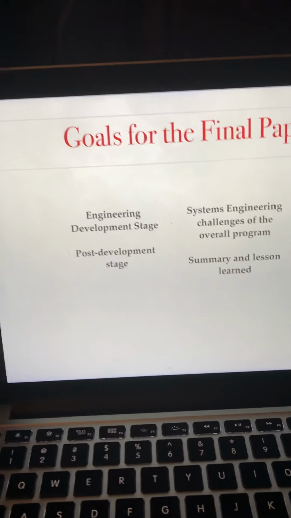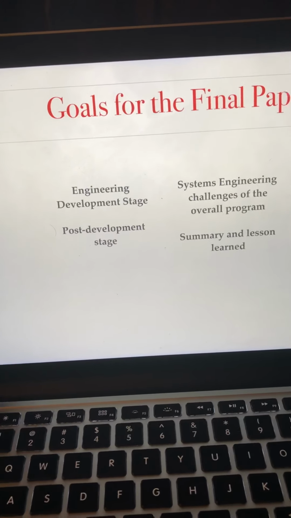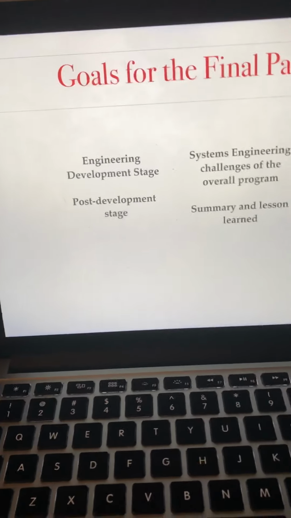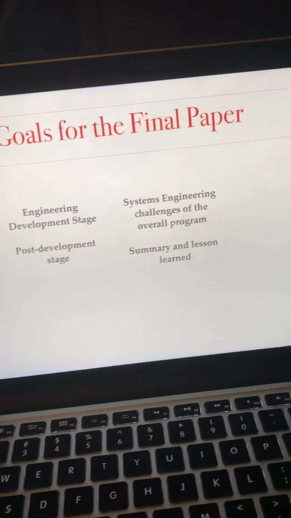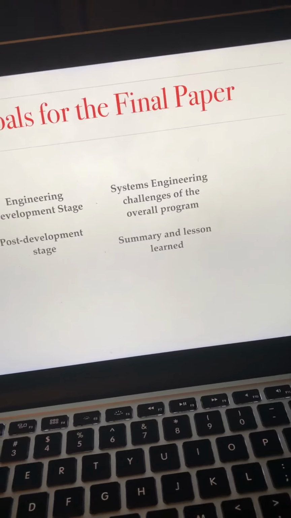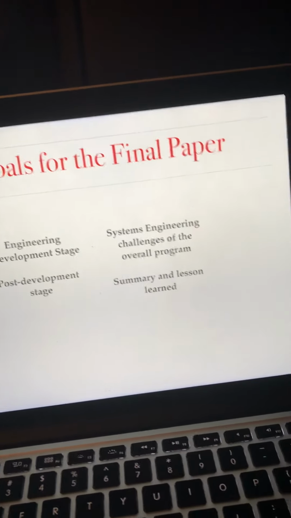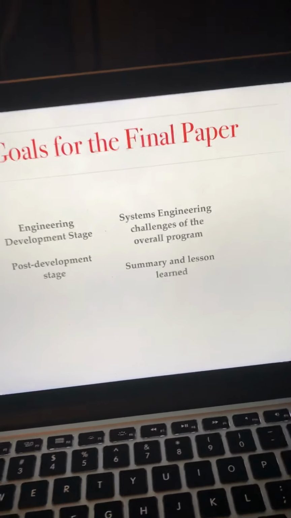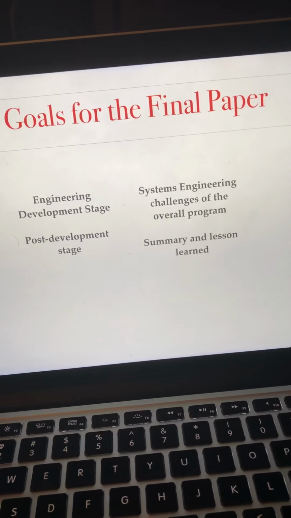So I want to focus next on the engineering development stage and the post development stage, the systems engineering challenges of the program, where the challenge was in terms of engineering in detail, and whether it was resolved in a way that still met all the threshold values, or whether they had to compromise in certain aspects, and the summary and the lessons that I've learned from studying this topic.